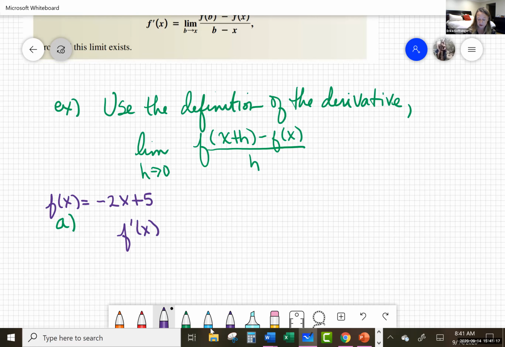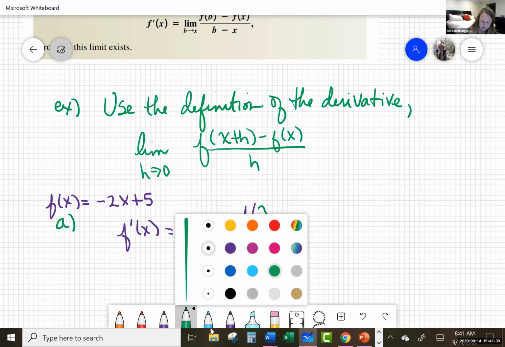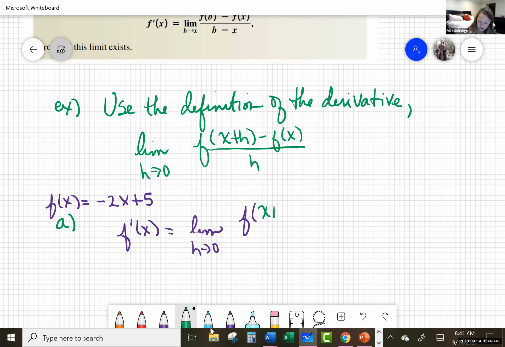Okay, so we need to go back in here and we need to do this. You can do it in pieces if you want, but this is going to equal the limit as h is approaching 0 of, I need to go in wherever I see an x, and f of x, I need to go and plug in x plus h.